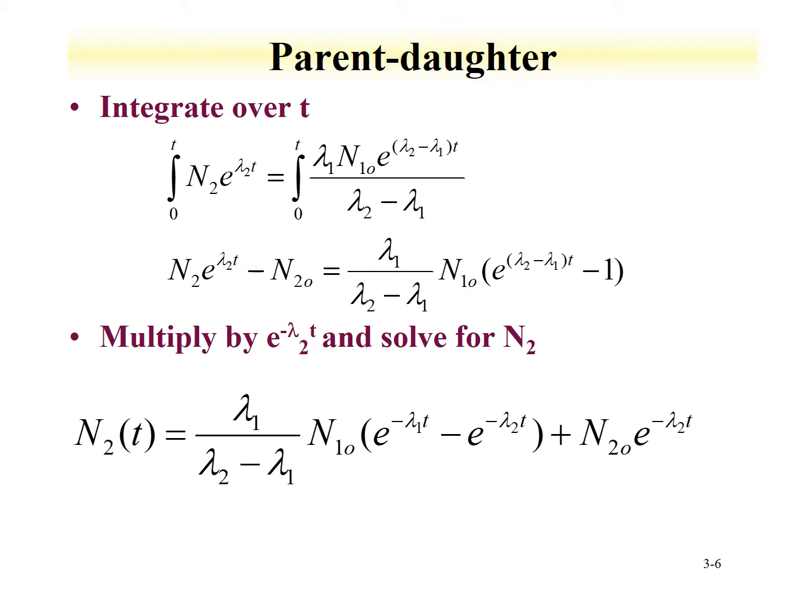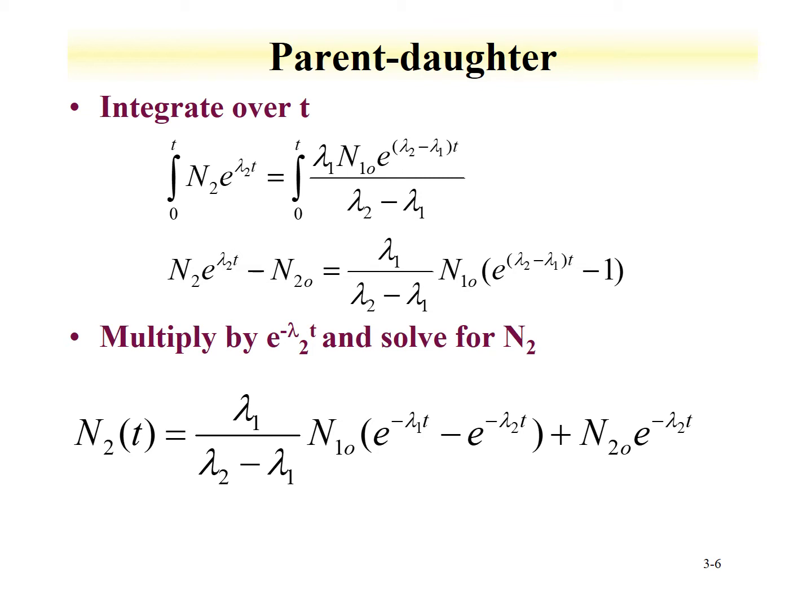So you have the parent decay rate filling the daughter, and then the daughter decay rate making the daughter disappear. And the initial amount of the parent times e to the minus lambda 1 t minus e to the minus lambda 2 t, plus any amount of the daughter that is originally present.